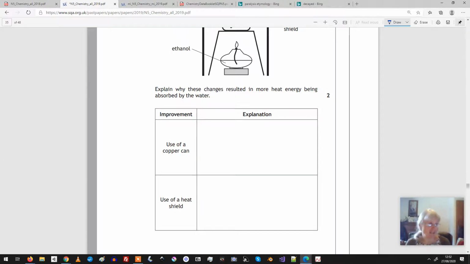How do you put that? I think it'd be a good idea to look at the marking instructions. The heat shield meant that less heat was lost to the environment. That's an easy thing to remember. And the copper can is better at conducting heat to the water. But let's see how the marking guidelines actually phrase that.